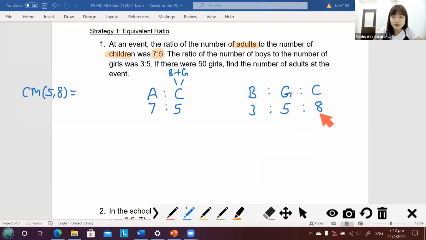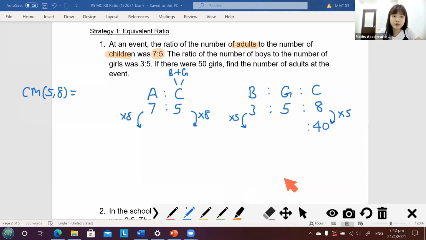So 40. All right, so let's make it the same. Over here, times 8, and then on this side, times 5, which will get you 40.